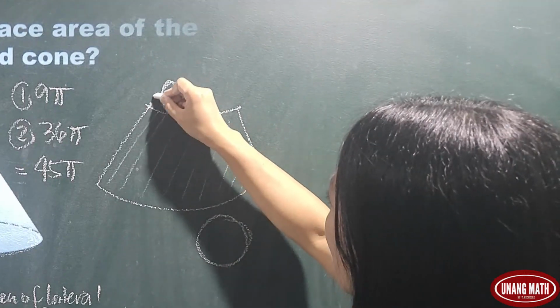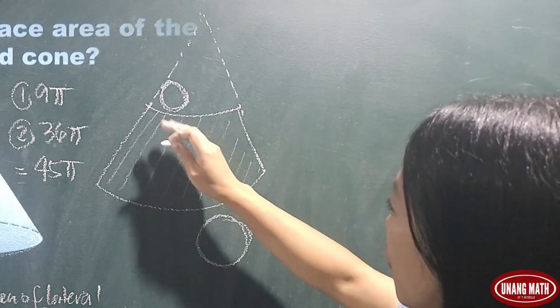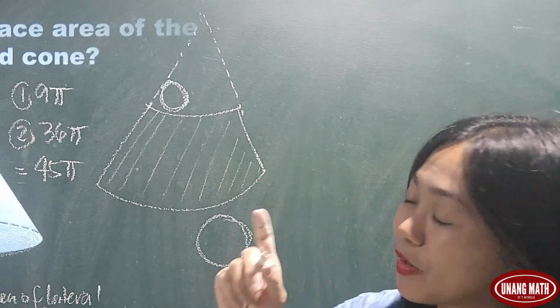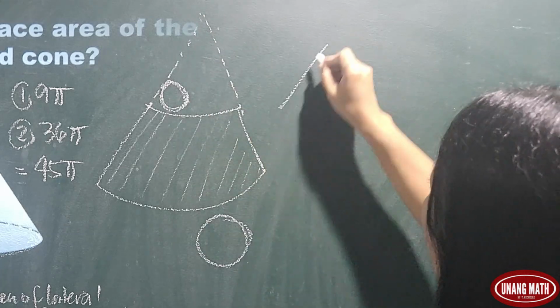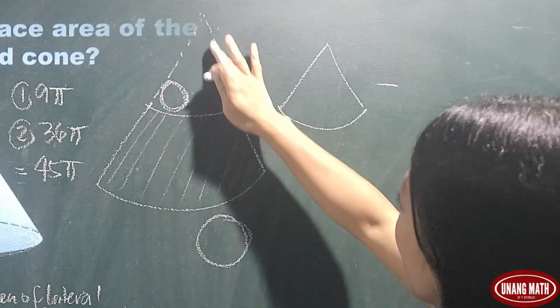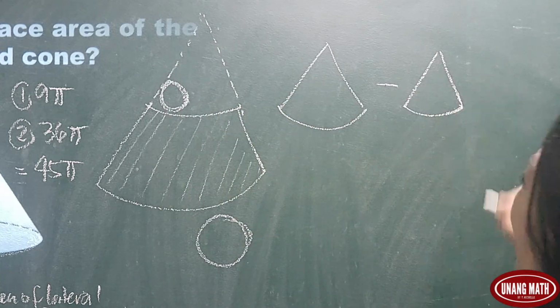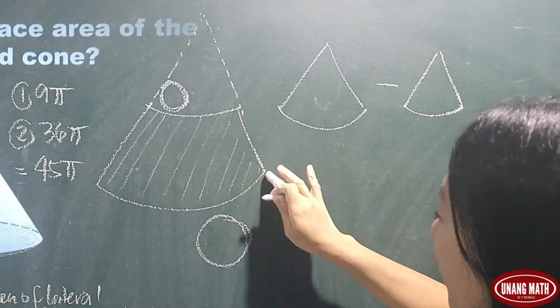Actually, this is a sector. To find the area of this part, what we have to do is get the area of the bigger sector minus the area of the smaller sector. Let's start with the bigger sector.